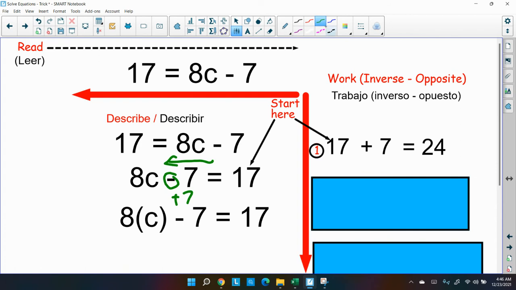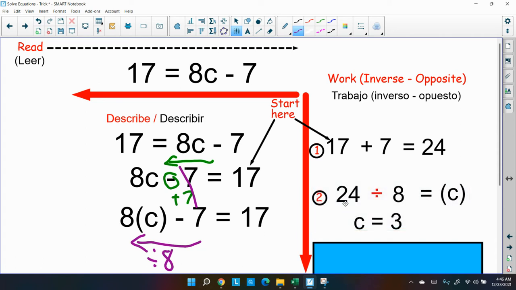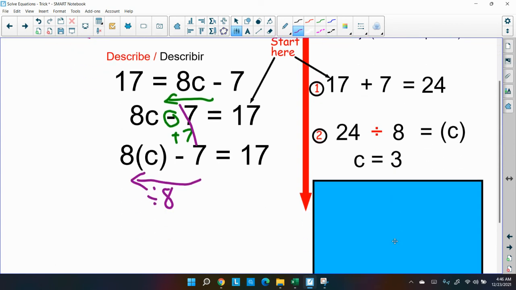And now our 7s are gone. Now we're left with, as we continue our journey, 8 times c. The opposite of multiplying by 8 would be to divide by 8. So we'll take our 24 and we'll continue our journey. 24 divided by 8 equals c, and 24 divided by 8 means our answer is 3. So c is equal to 3.